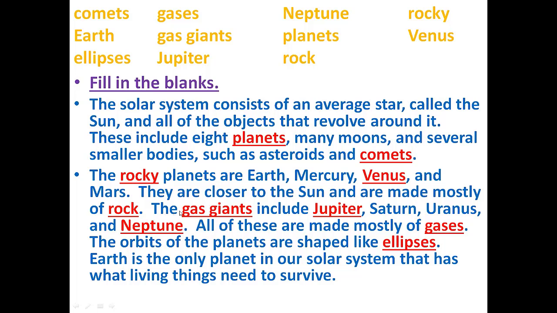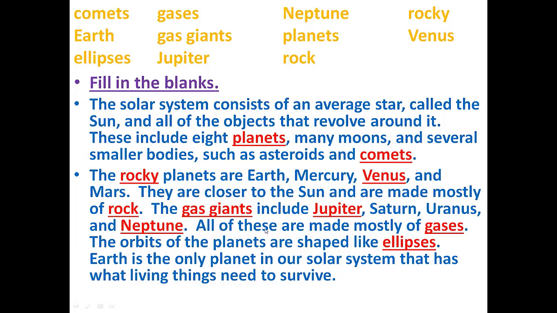Next, the gas giants include Jupiter, Saturn, Uranus and Neptune. In this sentence we have three blanks. The first one is gas giants, the second one is Jupiter, and the third one is Neptune.